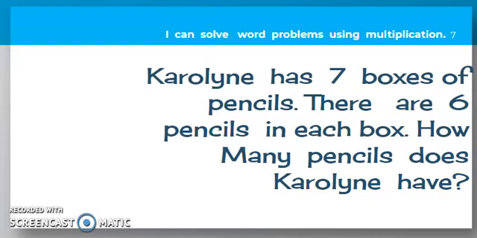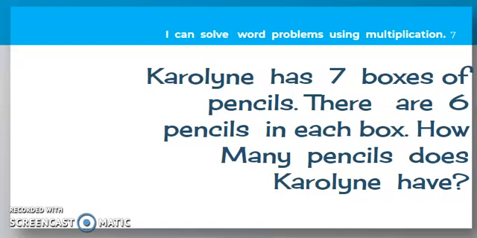So we have this first problem. I want you to read the problem and listen to me too. Caroline has 7 boxes of pencils. There are 6 pencils in each box. How many pencils does Caroline have? And I want you to think, what kind of problem is this one? Okay, it is a multiplication problem.